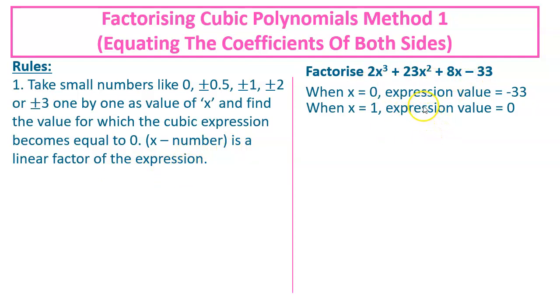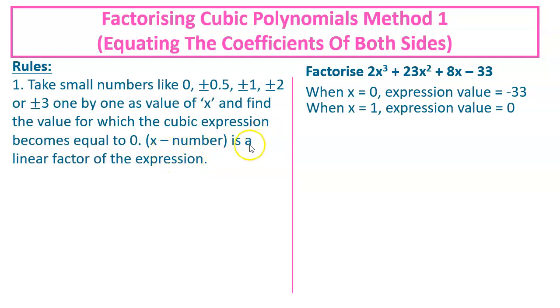Why do we need that? Because we know how to factorize quadratic polynomials, but we do not know how to factorize cubic polynomials. So if we can find the linear factor, obviously the other factor will be a quadratic factor. The linear factor will always be x minus some number, in this case x minus 1. The other one, since it will be a quadratic factor, will have the highest power of x as 2, a term containing x squared.